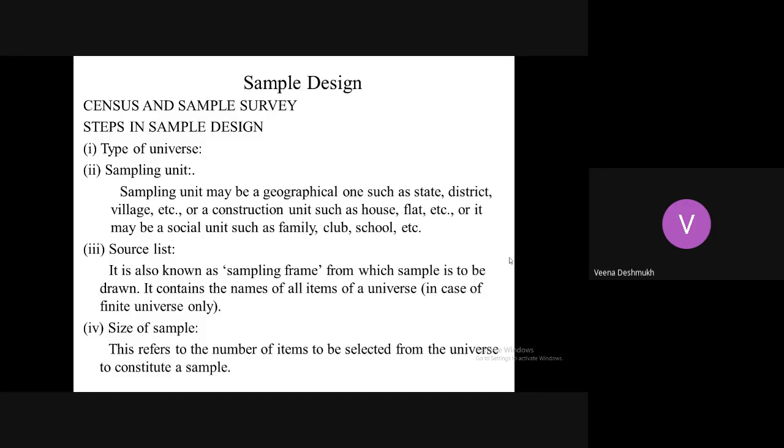The population should not be so large that one-to-one collection is not possible. So when the size is finite or limited, the data can be collected one-to-one, and you can divide it into smaller frames. The unit can be divided into smaller ones further. So it is a sampling frame.